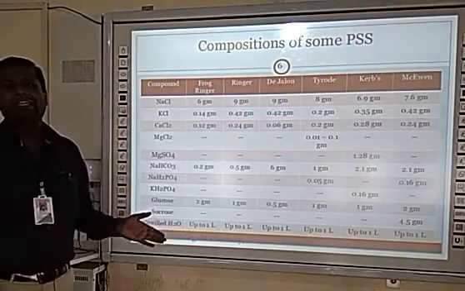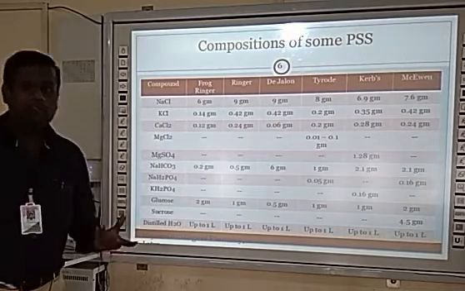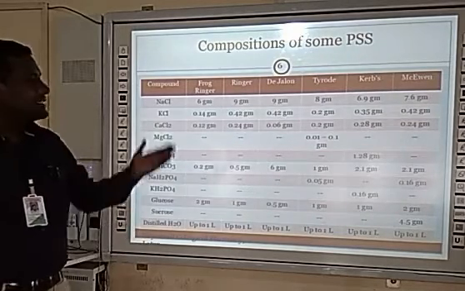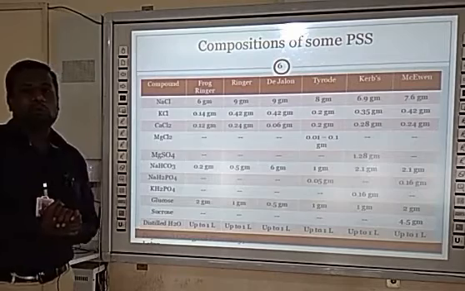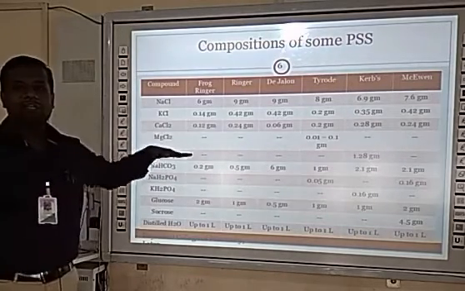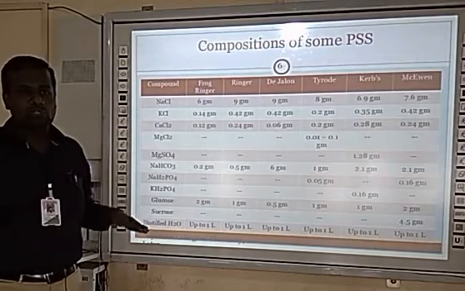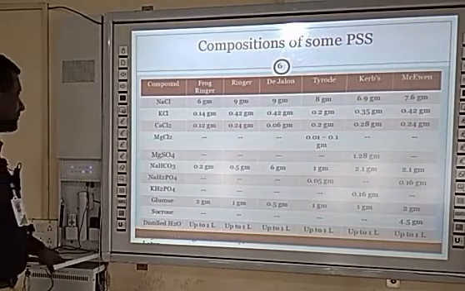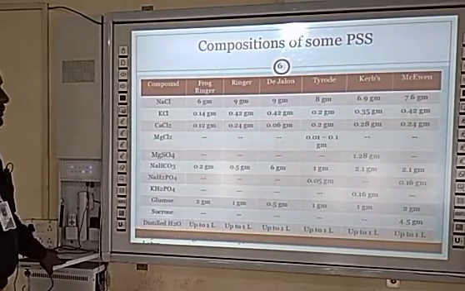All the ingredients are dissolved in a small quantity of distilled water, and the final volume made up to 1 liter. So these are the various compositions of different physiological salt solutions.